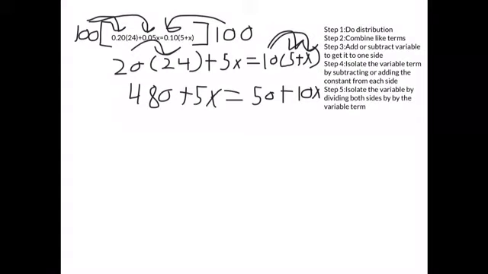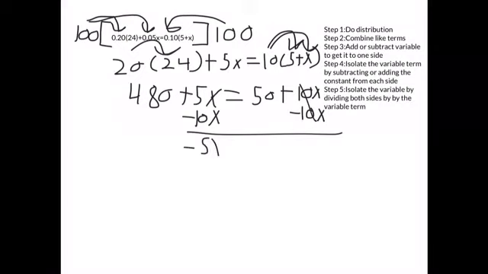Now we skip step 2 because there's nothing we can do about that, so we go to step 3. What we have to do is subtract the variable from both sides. We would subtract 10x, so 10x minus 10x equals zero, they cancel each other out.